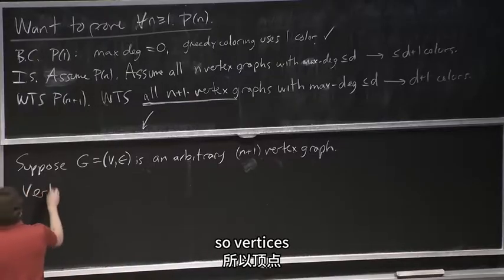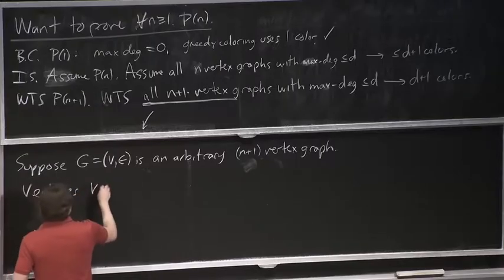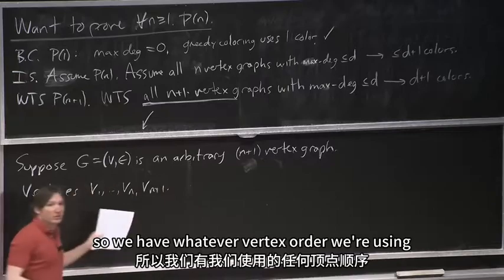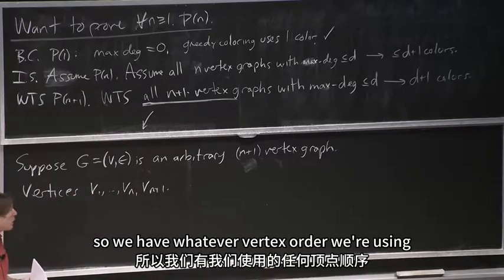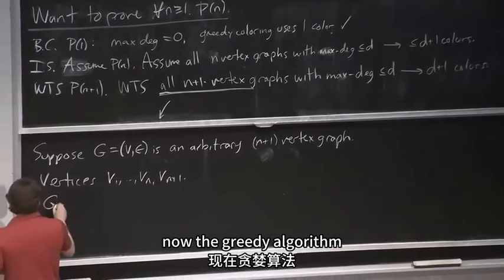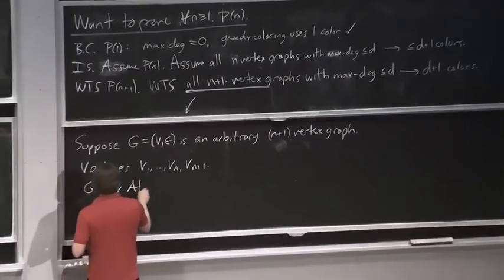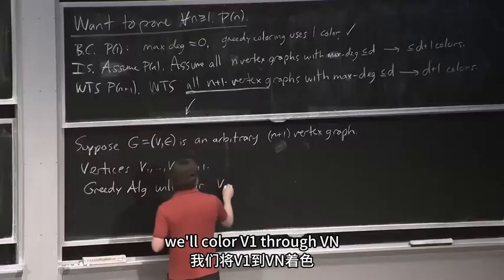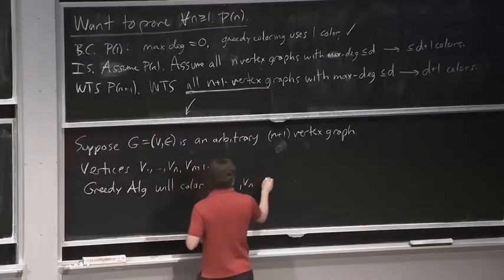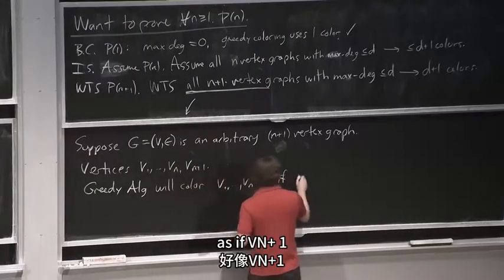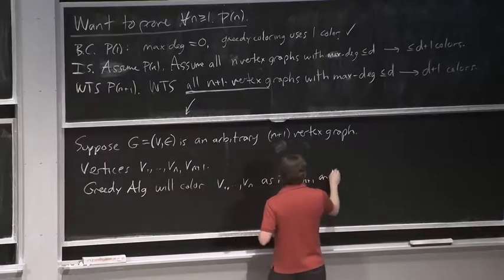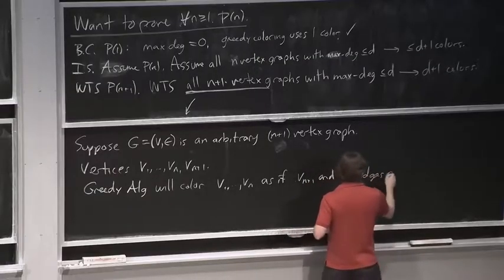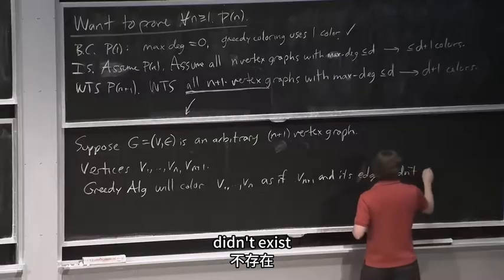So vertices v1, through vn, vn plus 1. So we have whatever vertex order we're using. Now the greedy algorithm will color v1 through vn as if vn plus 1 and its edges didn't exist.